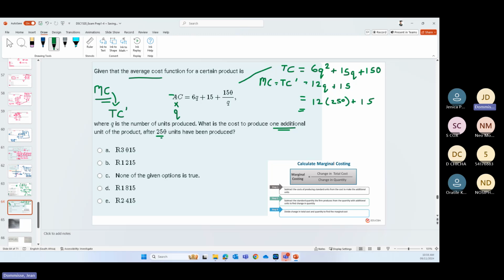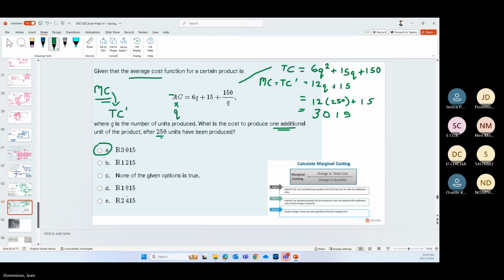So 12 times 250 is 3,000 plus 15. Okay, it's weird, but let's see. 3015. Okay.